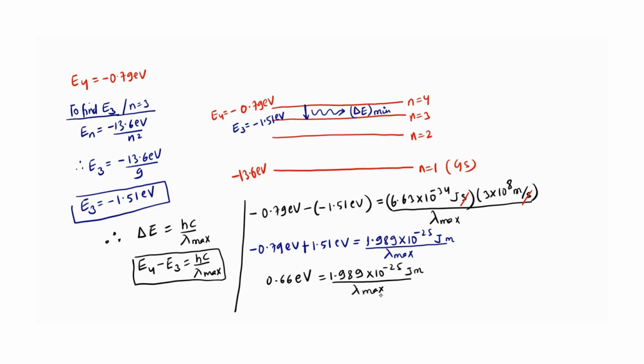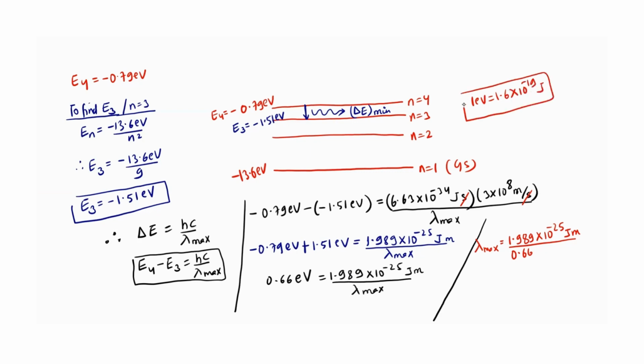Now we are going to find maximum wavelength. So lambda max equals 1.989 times 10 power minus 25 joule meter divided by 0.66, and we know 1 electron volt equals 1.6 times 10 power minus 19 joule.